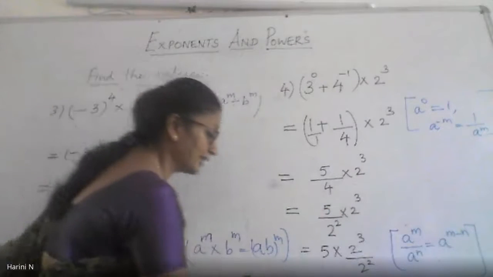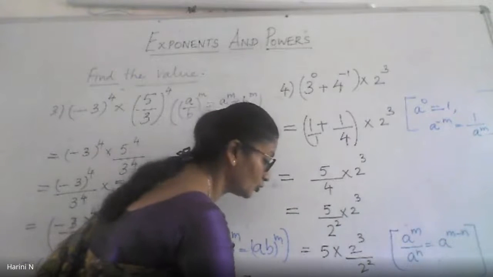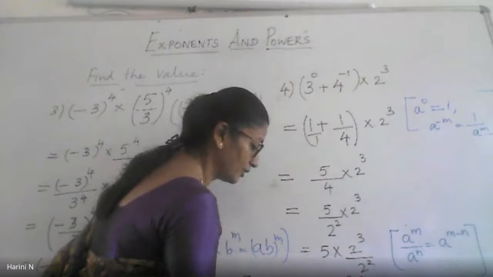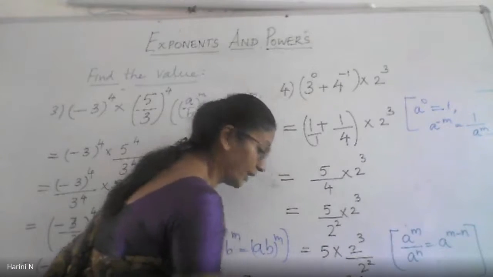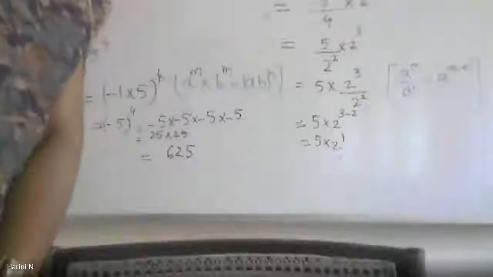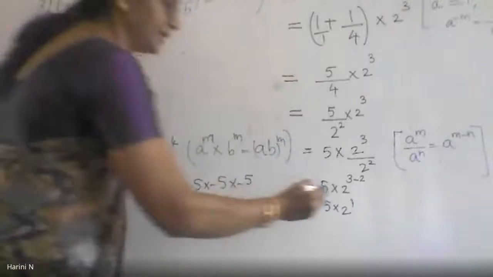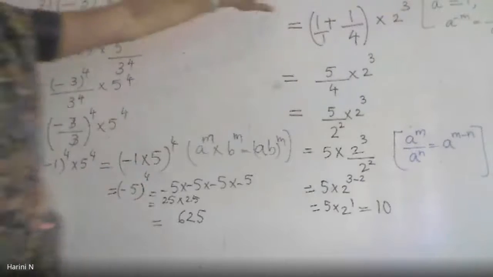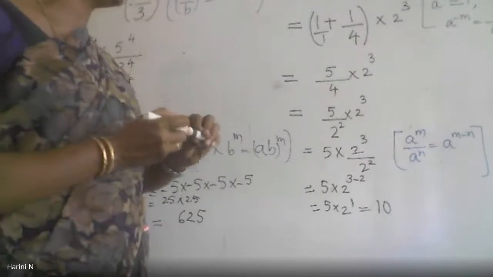So here you will write it as 5 into 2 to the power 3 minus 2. 3 minus 2, so it is 5 into 2 to the power 1, which will be equal to 10. So your entire problem, starting from the beginning, has reduced to 10.